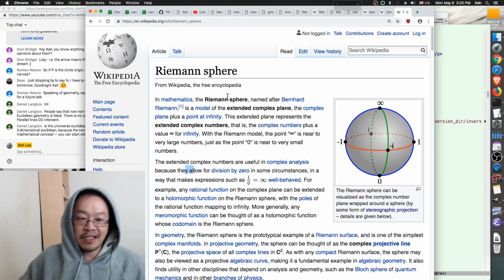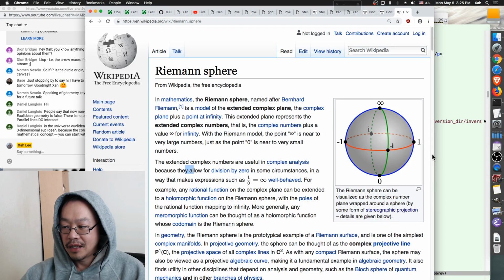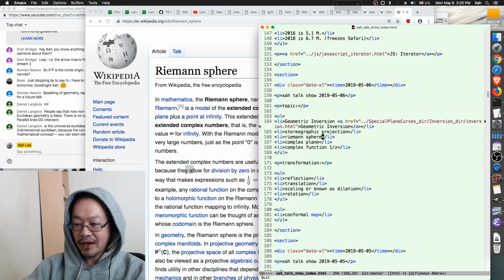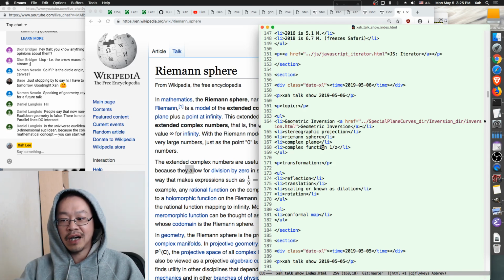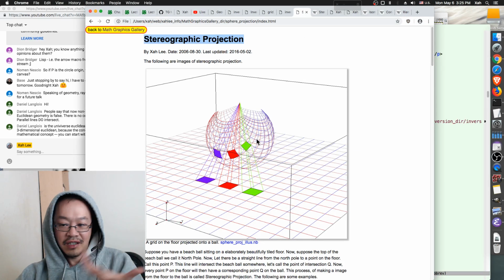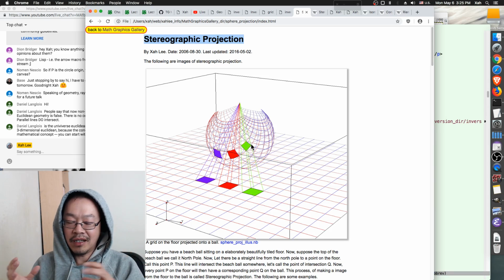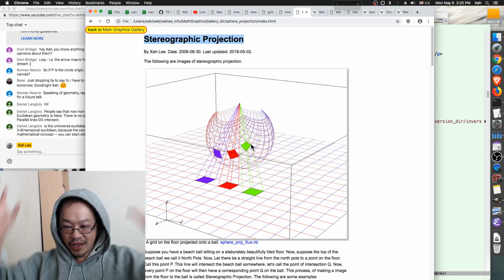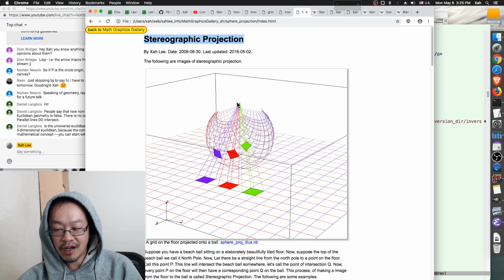That's the jargon. So that's what we have covered today. And finally, we have covered how stereographic projection is actually just a geometric inversion in 3D space with a sphere twice as large and centered on the North Pole.